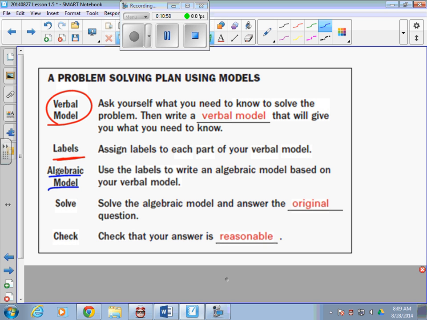What it means by reasonable is if you work an equation or a situation, let's say you're trying to find the amount of food that the cafeteria needs to feed a school or something like that. If you work it and you say they need 600 pounds of chicken, for example, that might sound like a lot, but when you have a school of 1,800 people, 600 pounds is not that much. You could say 6 million pounds of chicken.